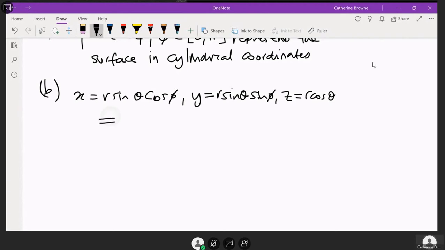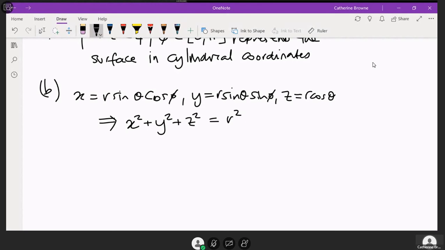And from that, if you take x squared plus y squared plus z squared, and if you sub in all of those and play around with it a bit, you get that equals r squared.